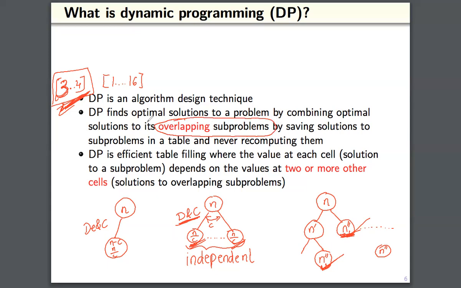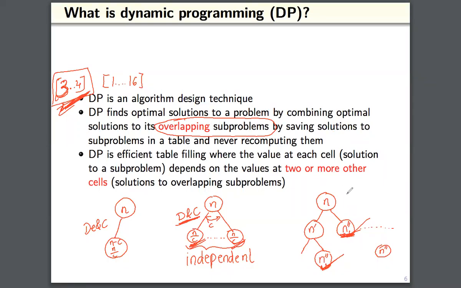So when you break a problem into multiple subproblems, if they are overlapping, it means you might have to encounter or process it again and again. So that is where DP can be applied.